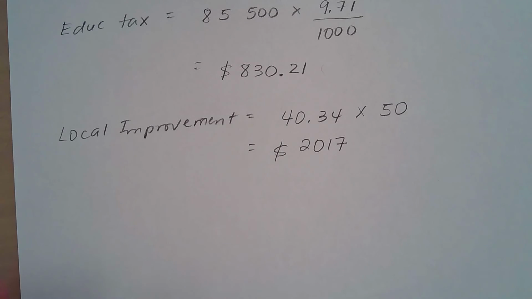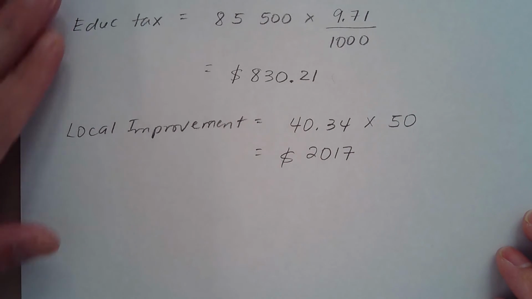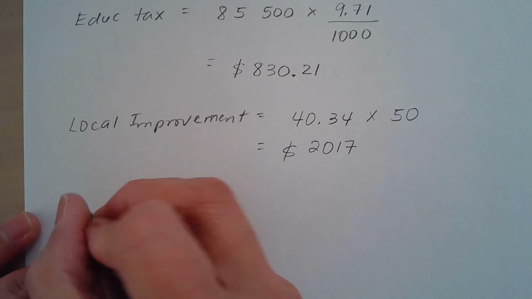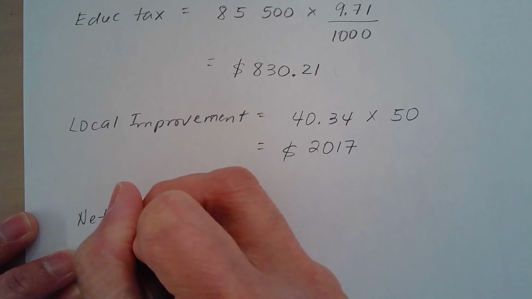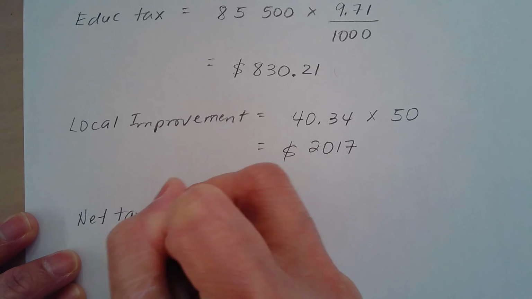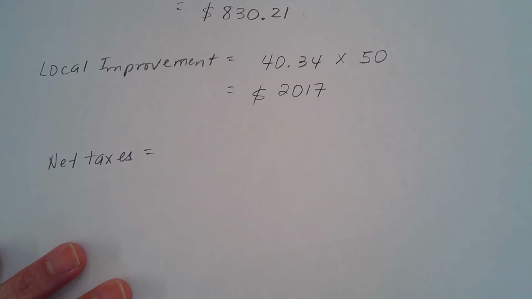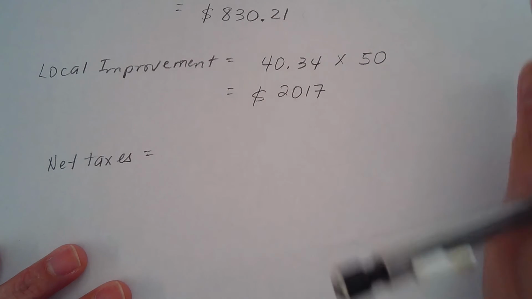Okay, now that we got all the pieces together, all of the parts, we get to calculate the net taxes, or total taxes, net taxes. So what do we have to do? We gotta do the municipal tax.